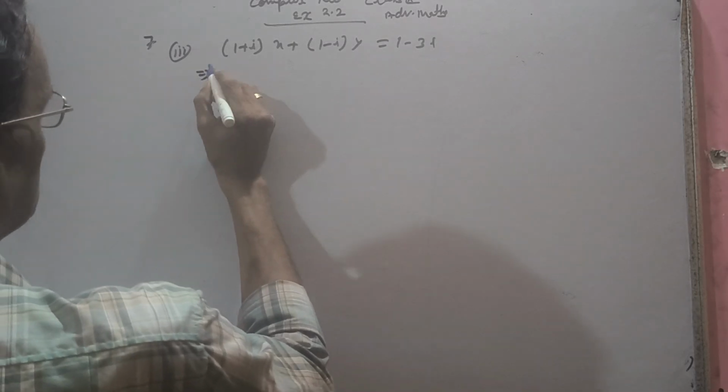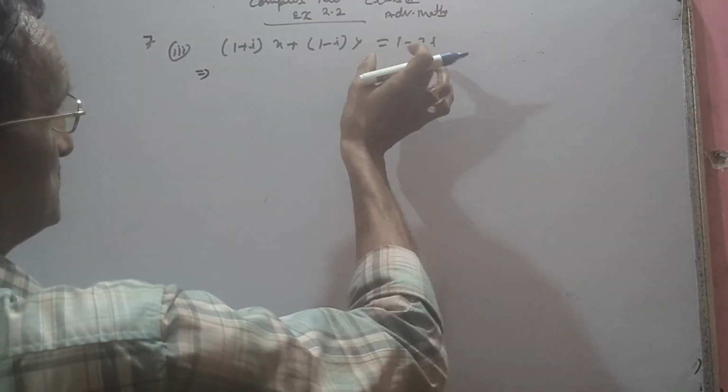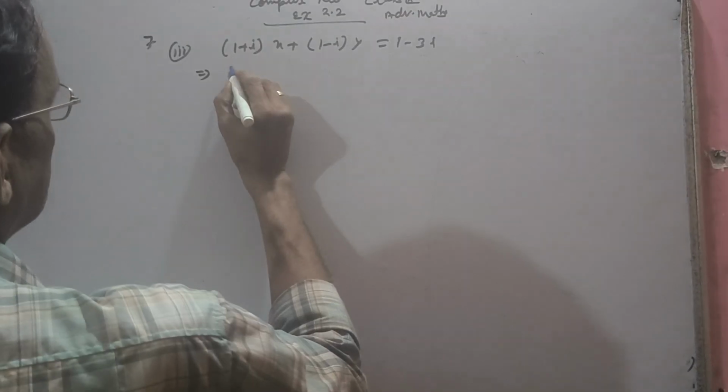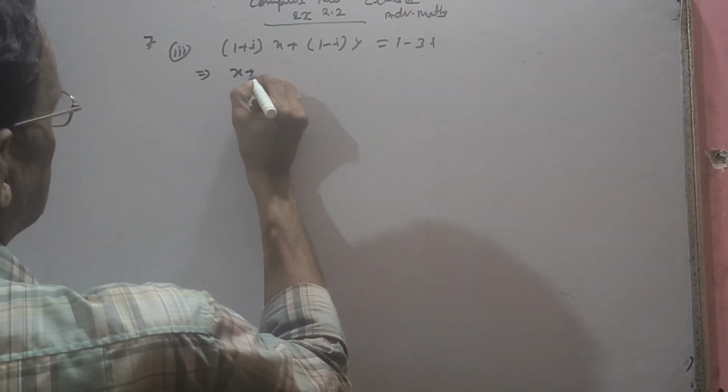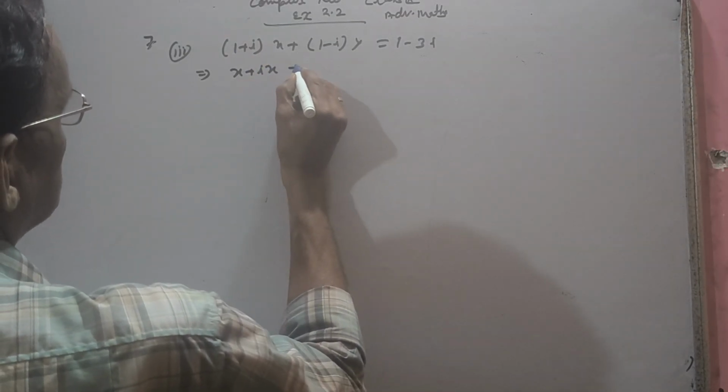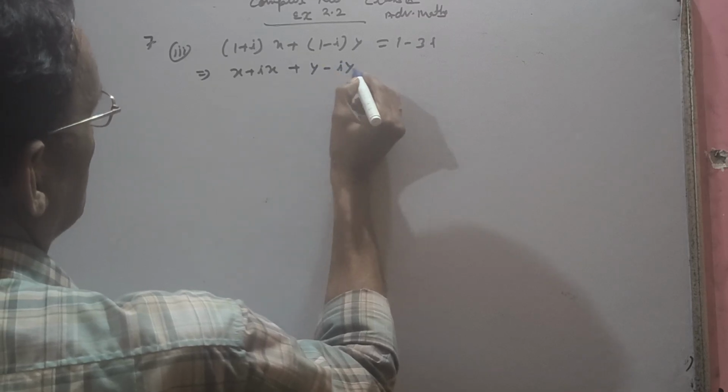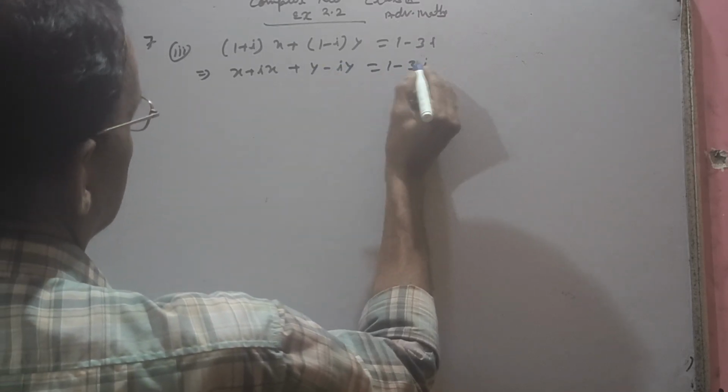Number 2 I left for your exercise, very easy. Remove the bracket because you need to express in the form of a plus ib. So this is x plus ix plus y minus iy is equal to 1 minus 3i.